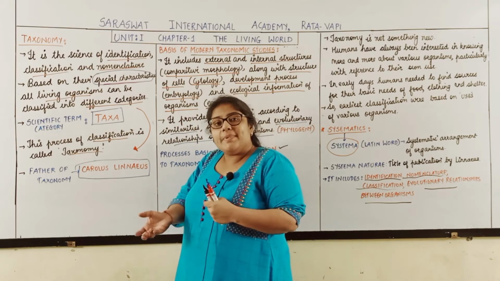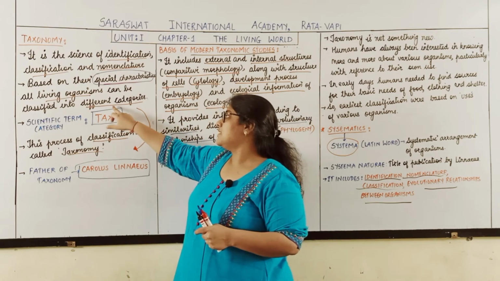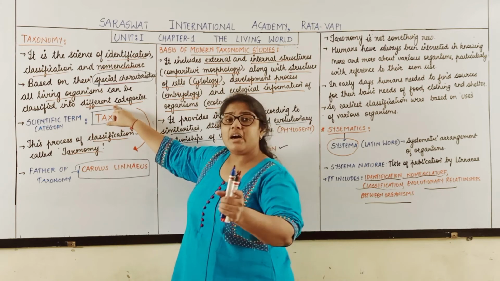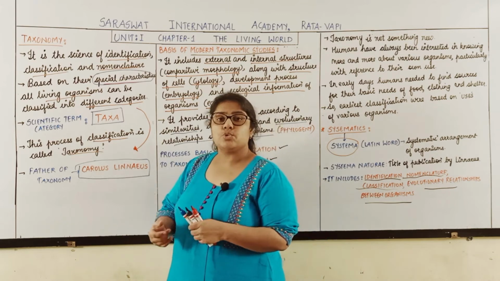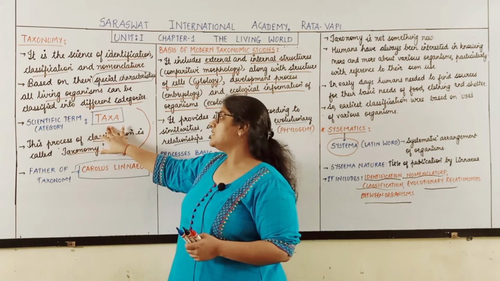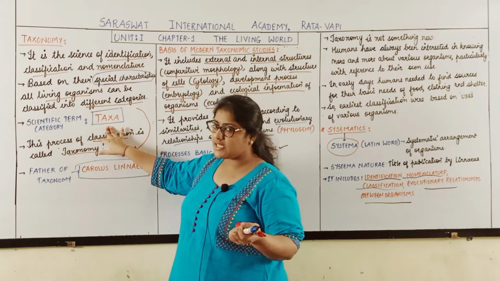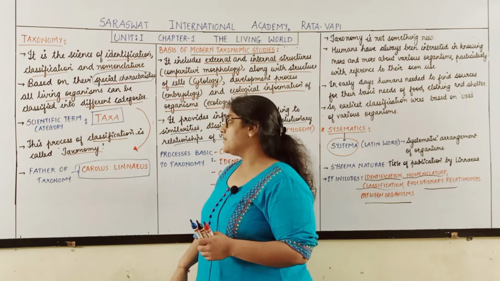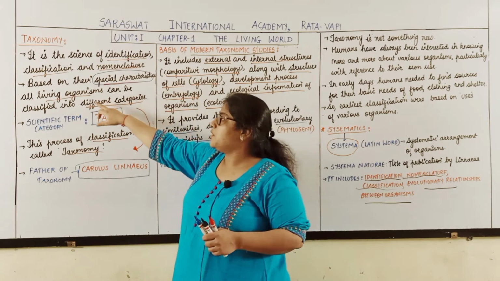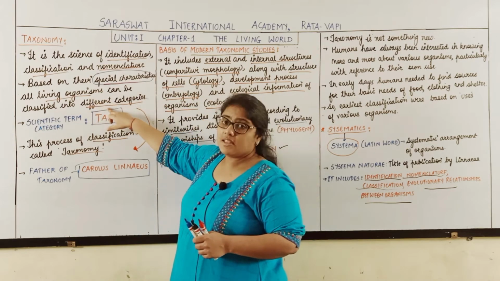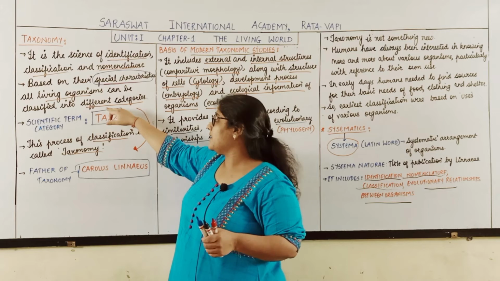So, on the basis of these characteristics, living organisms are divided or grouped into different categories. And the scientific term for this category is taxa. We have discussed it earlier. So students, on the basis of the characteristics, living organisms are divided into different categories.